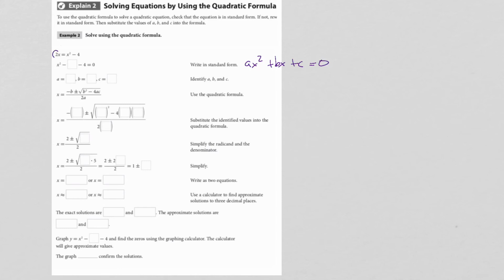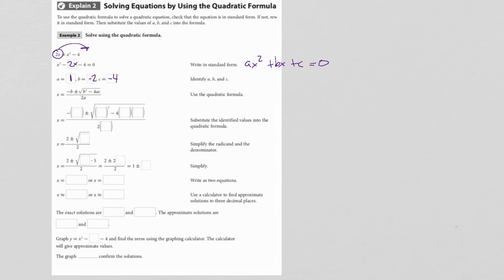You've got this 2x here. It needs to be over there. So we are going to have to subtract 2x from both sides. And once we do that, now it'll be in standard form. And essentially then we can proceed. A will be 1, B is negative 2, and C is negative 4.